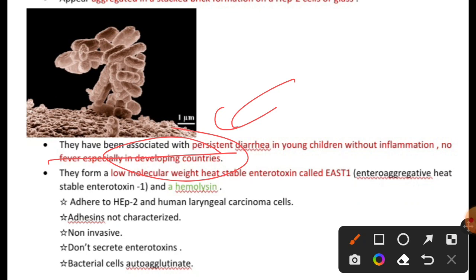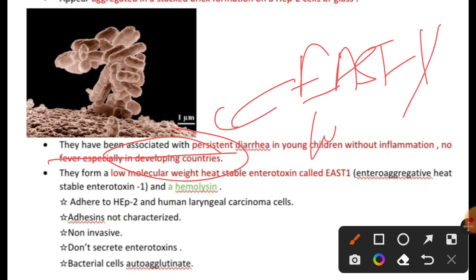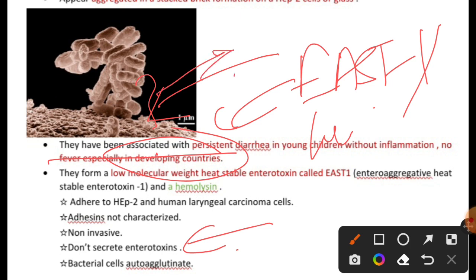They form a low molecular weight stable enterotoxin called EAST1 and also hemolysin, but some of them do not secrete any kind of enterotoxin. They are non-invasive, their adhesins are not characterized, and they are aggregated on HEp-2 cells or human laryngeal carcinoma cells.